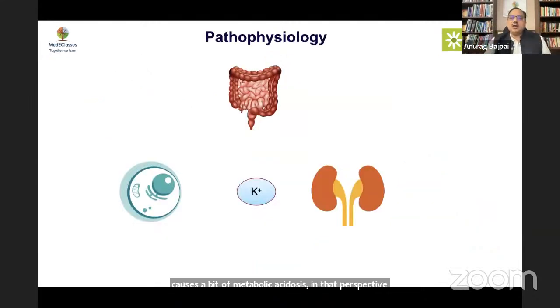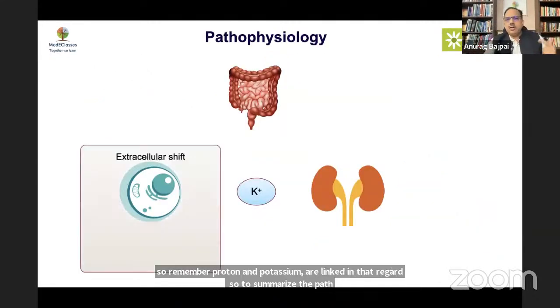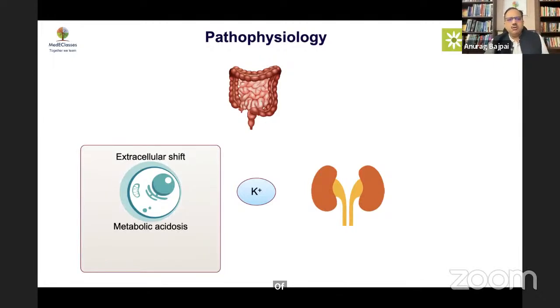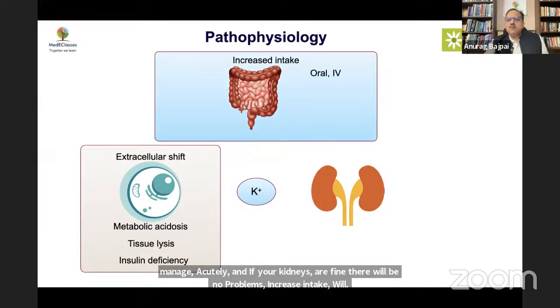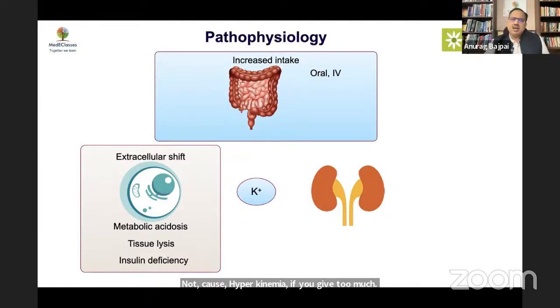So to summarize the pathophysiology, the problem could be extracellular shift, which is an acute problem like metabolic acidosis, tissue lysis, insulin deficiency. If you are able to manage acutely and if your kidneys are fine, there will be no problems. Increased intake will not cause hyperkalemia. If you give too much IV potassium, that may, in somebody who has immature kidneys like preterms, or if there is a renal insufficiency, potassium salts, but this will be very, very unlikely.